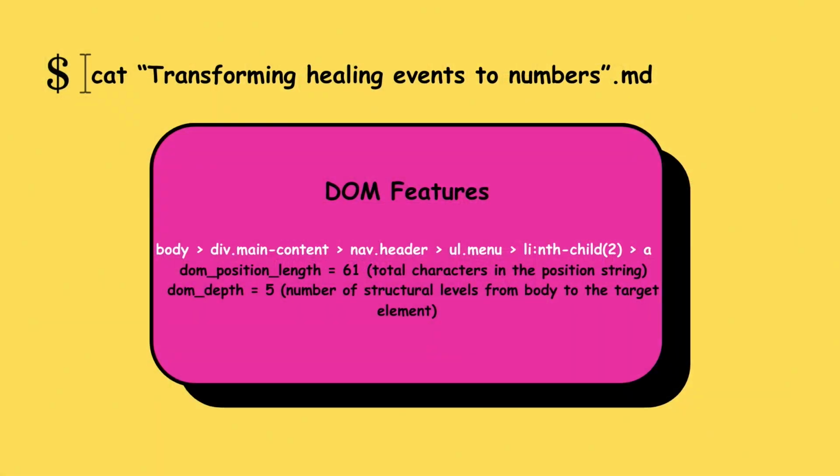The DOM features analyze where an element is within the page's hierarchical structure, like the address of an element in the HTML document. When a UI test fails, knowing the structure context helps predict which alternative will work in the same location.